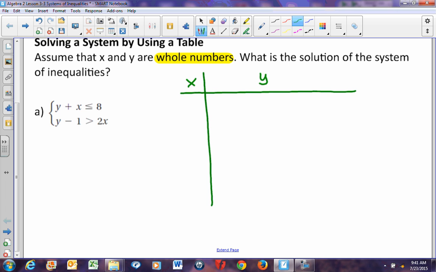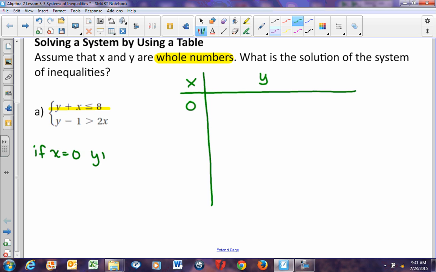I can go all the way to x equaling 8. I won't need to go that far, but let's start with 0. If x equals 0, we're going to work with the first inequality, because there's a finite number of solutions.